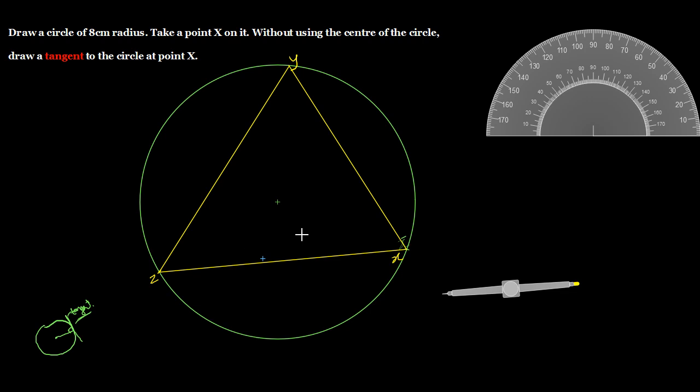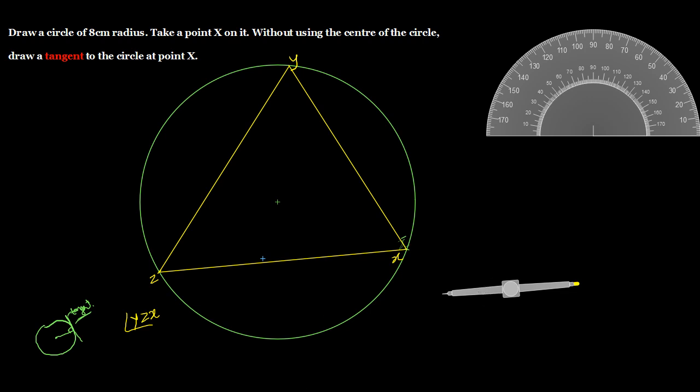So now what we need to do is draw the same angle, which is angle Y, Z, X. That angle we need to draw at X, but outside this XY chord, somewhere here, this side. So first we'll draw an arc at angle YZX.